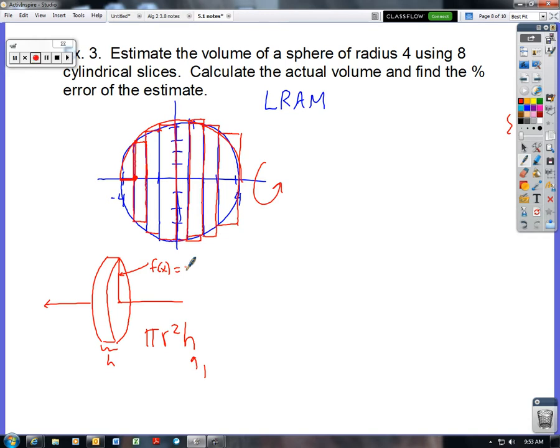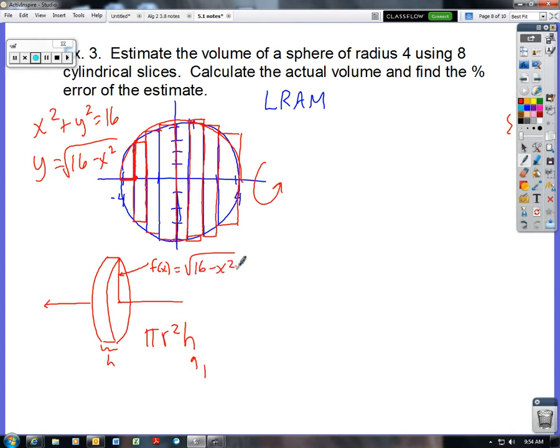Since this circle has a radius of 4 and is centered at the origin, it is x squared plus y squared equals 4 squared, or 16. But we want the y, so if you solve that, you'll get the square root of 16 minus x squared. I only need the positive square root because I'm just going to use the top radius. So that's the square root of 16 minus x squared.